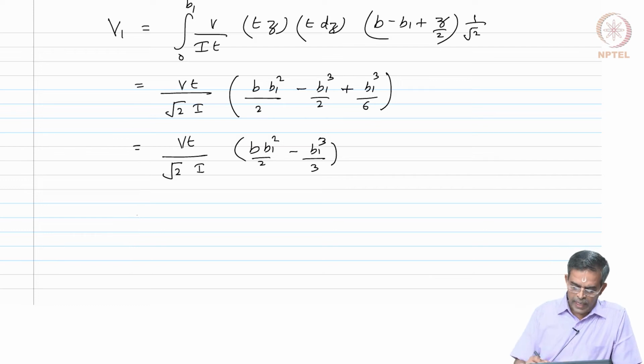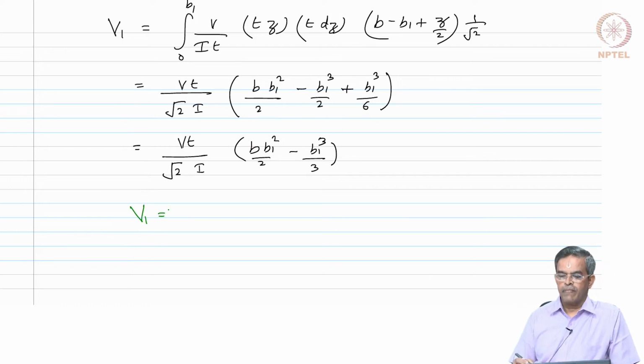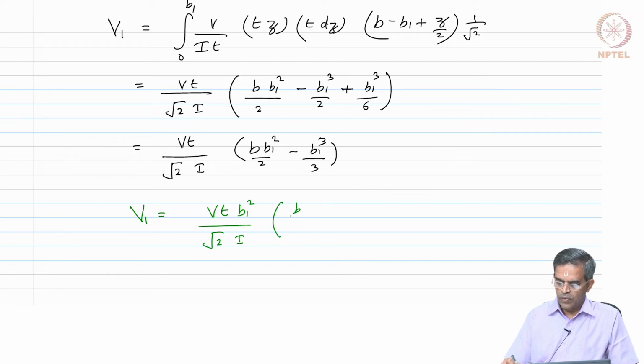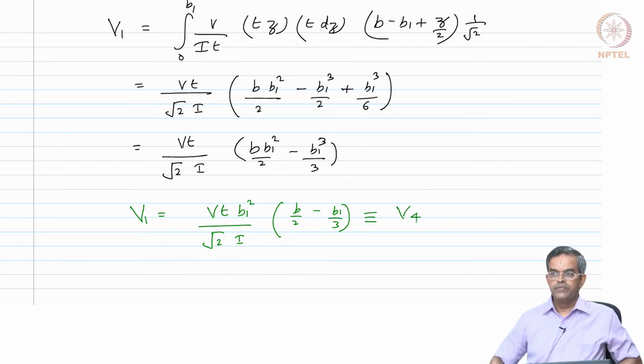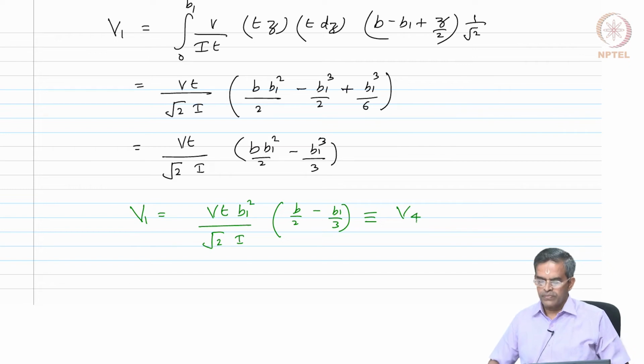Therefore, we get V1 as Vt B1 square by root 2I of B by 2 minus B1 by 3, which is identically same as V4.